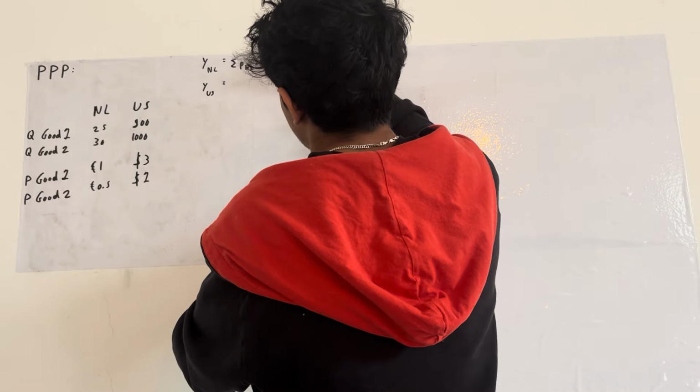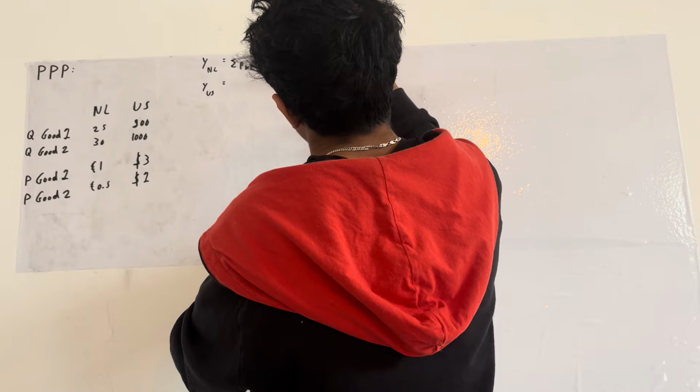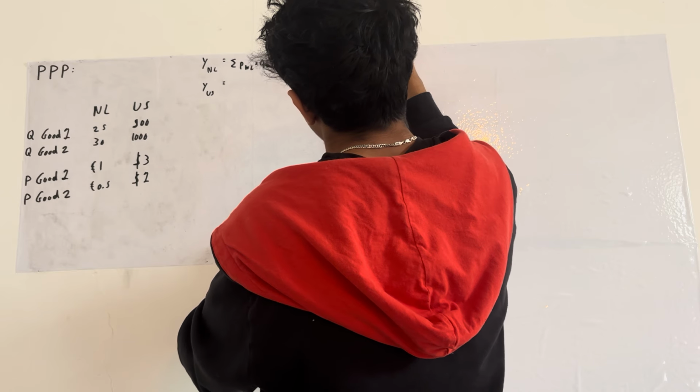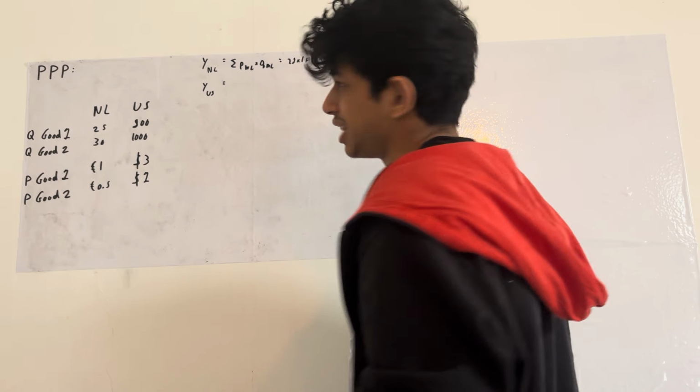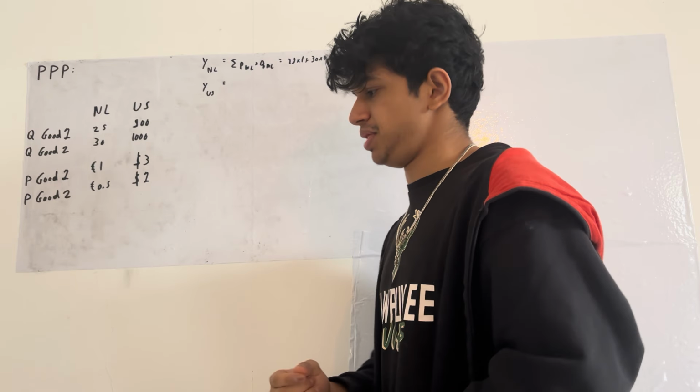So it's going to be 25 into 1 plus 30 into 0.5, which is just going to be equal to 40. Quick math, baby. So that's the Netherlands GDP or whatever.